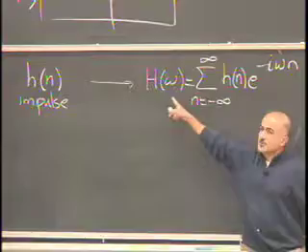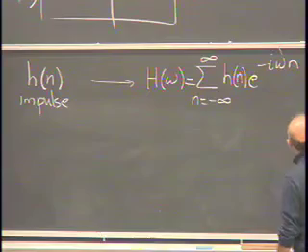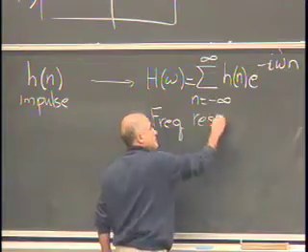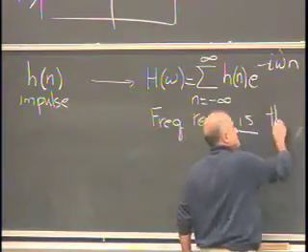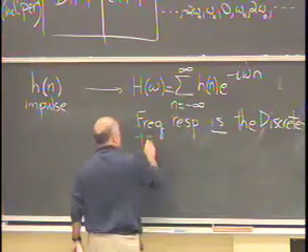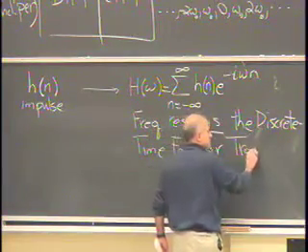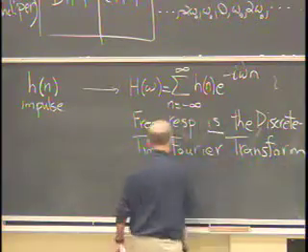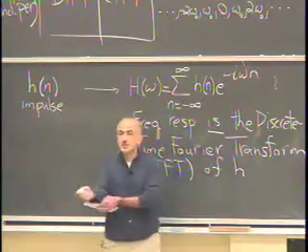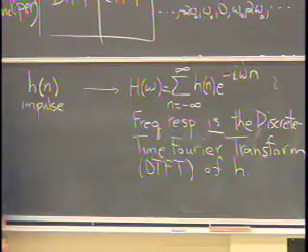And yet we managed to define some description of it in the frequency domain. This is exactly the DTFT, so the frequency response is the DTFT, or the discrete time Fourier transform, of the function h. And h can be any signal, and this would be its frequency domain representation.